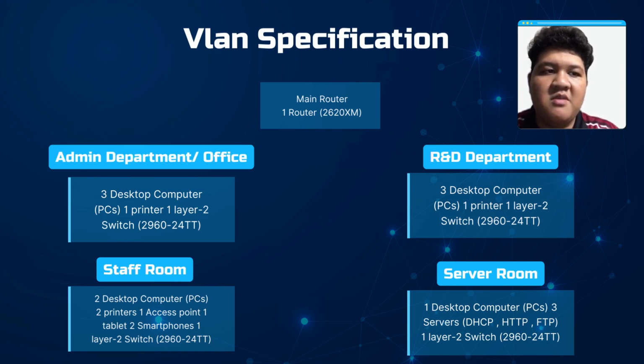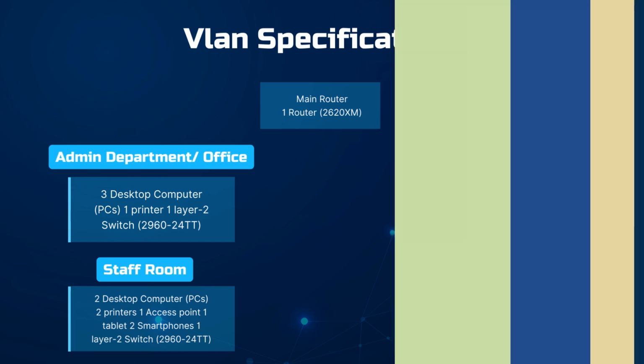The R&D lab: 3 desktop computers, 1 printer and 1 layer 2 switch. For the staff room: 2 desktop computers, 2 printers, 1 access point, 1 tablet, 2 smartphones and 1 layer 2 switch. And for the server room: 1 desktop computer, 3 servers, DHCP, HTTP and FTP, and 1 layer 2 switch.